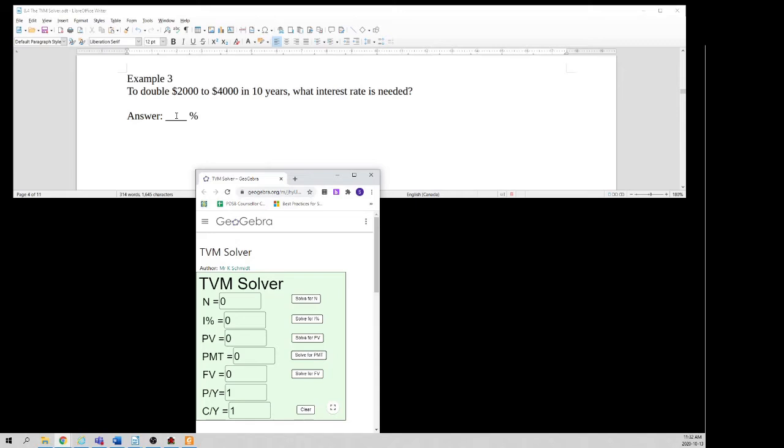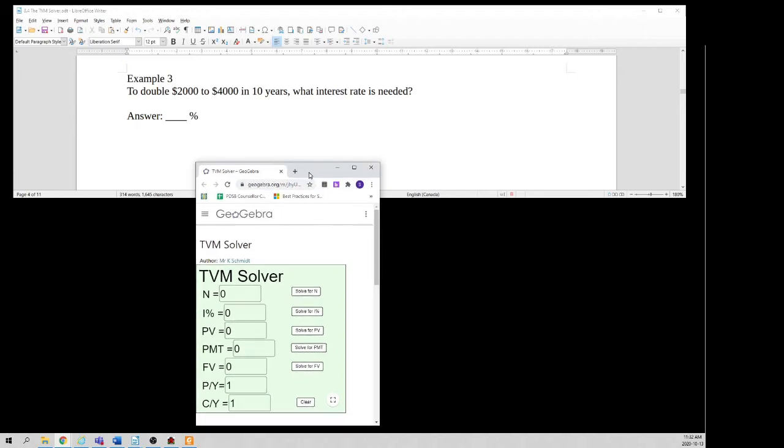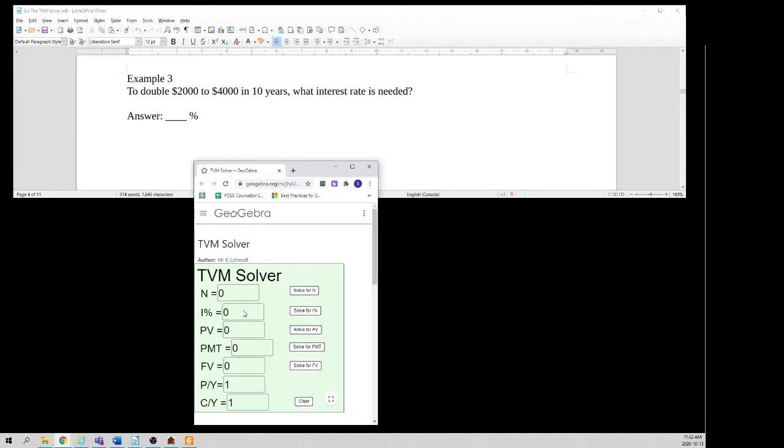So here's another question where we are taking $2,000, we're depositing it, and then we want to withdraw it in 10 years and have $4,000, and we want to know what interest rate do we need for that to happen. So you may have noticed that I'm putting a negative sign when I put in the PV value.